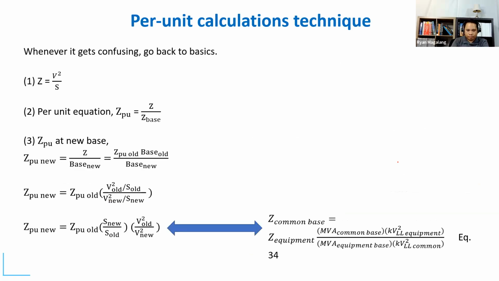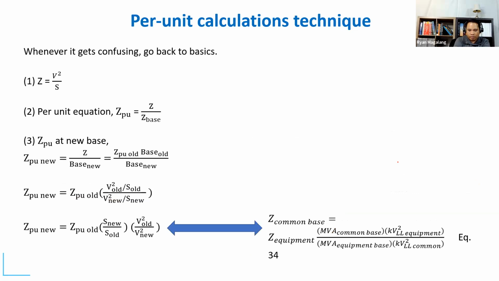Just some kind of reminder here. Sometimes it's confusing. I get confused at that sometimes. So the basics, I said, go back to the basics here: what is Z? Z is essentially V squared over S, right? And what is per unit?